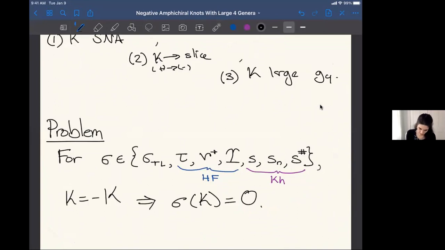So let me just go through these really quick for those who are curious. The first one is the Tristram-Levine signature function. So a very classical invariant that gives lower bounds on the 4-genus. The next slew comes from Heegaard Floer homology, and the last few come from Khovanov homology.